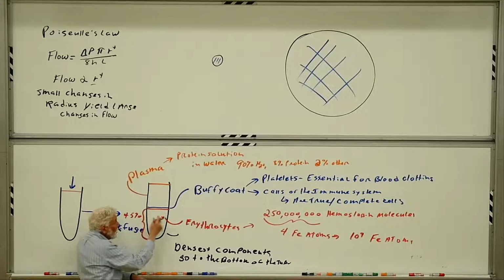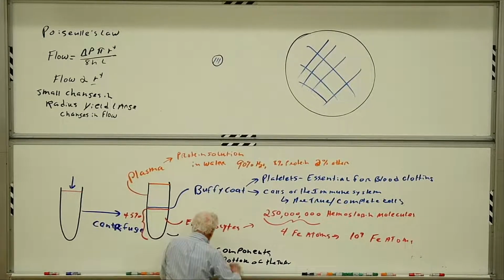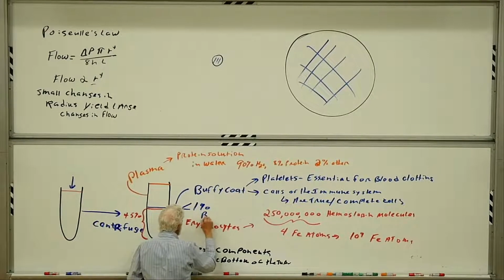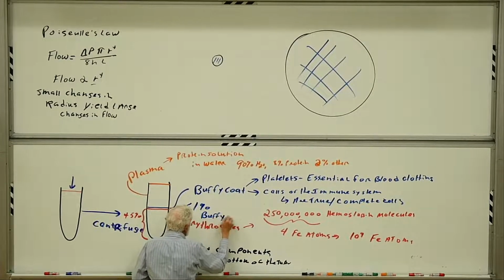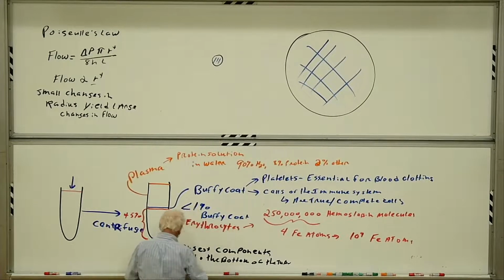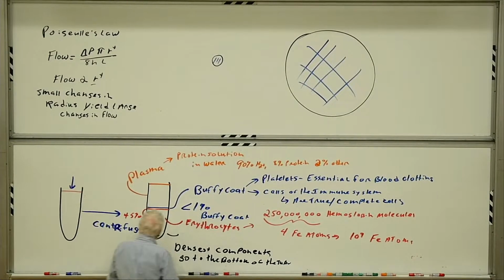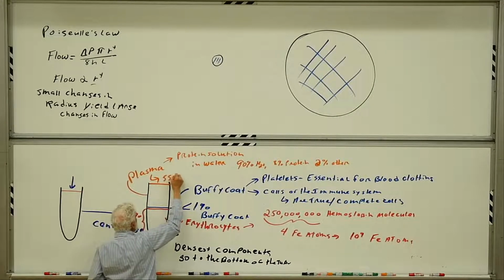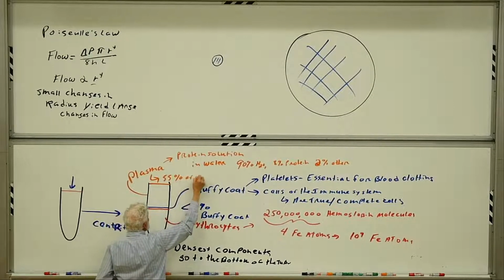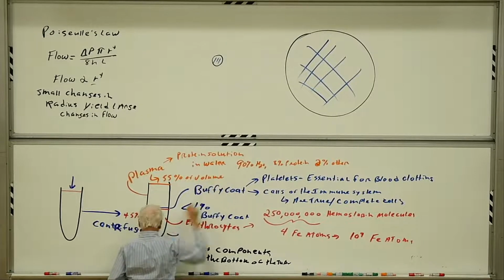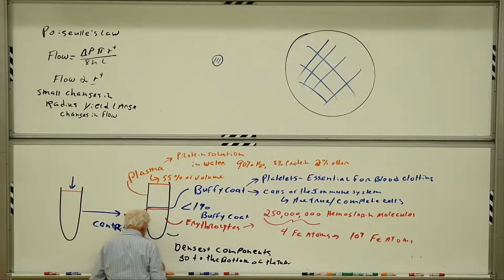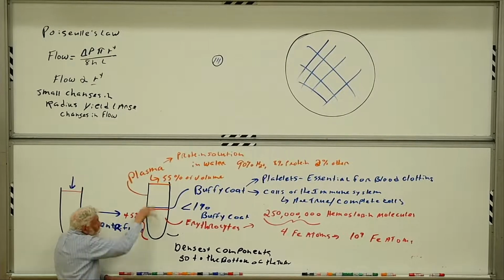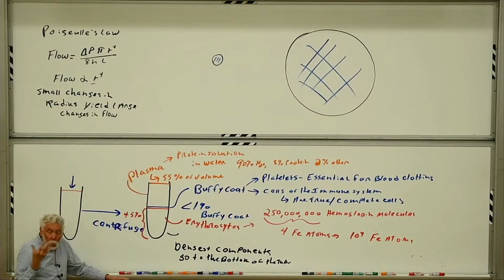Less than 1% is in the buffy coat. Which in round numbers leaves the plasma as being 55% of the volume.